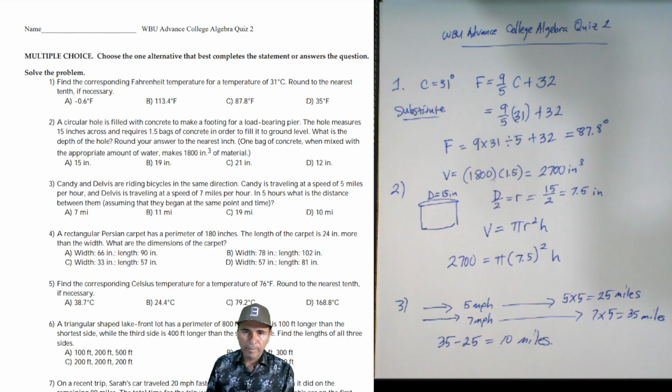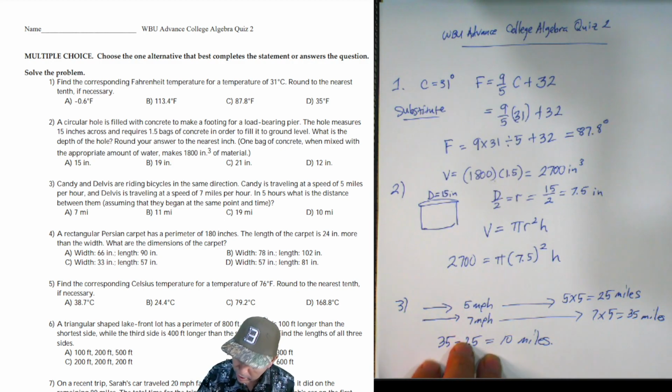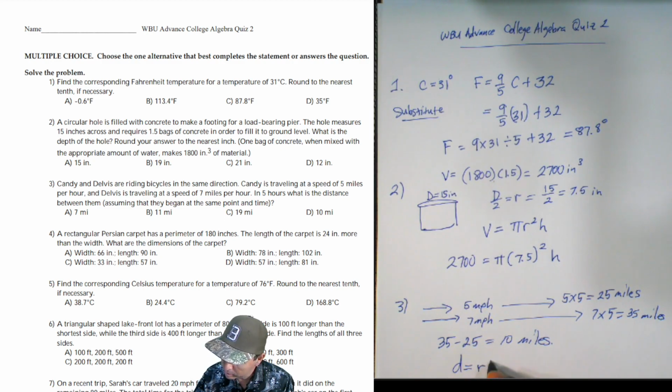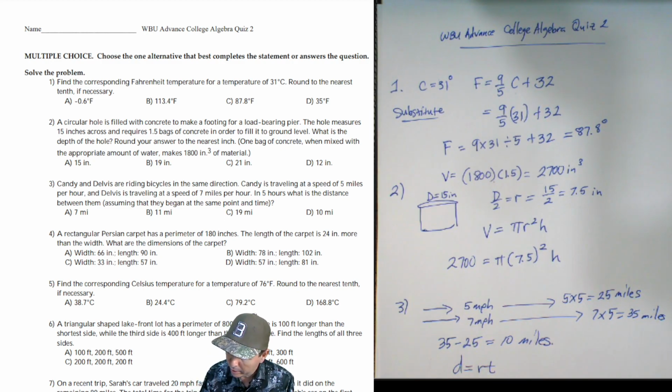Okay, any questions on that? If you are feeling confused, you can probably rewind the video and make sense of it, okay? And mainly, guys, the main formula we're using is distance is equal to rate times time. So if I go 50 miles per hour and I travel for 1 hour, I'm going to travel 50 miles. All right, let's take a look at number 4.